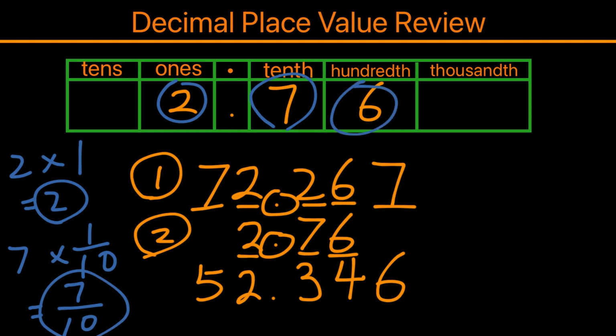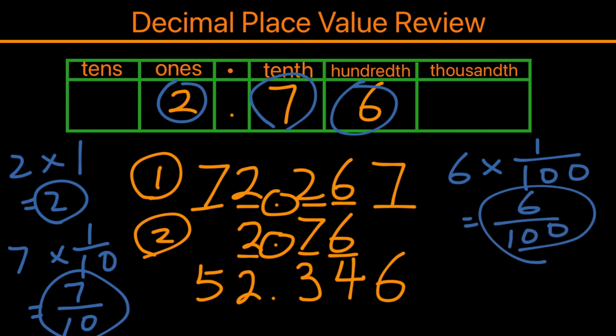And the 6 in the hundredths position will be 6 times 1/100, and that's 6 hundredths. So the 2 is 2, and the 7 in the tenths position means that it's 7 tenths.